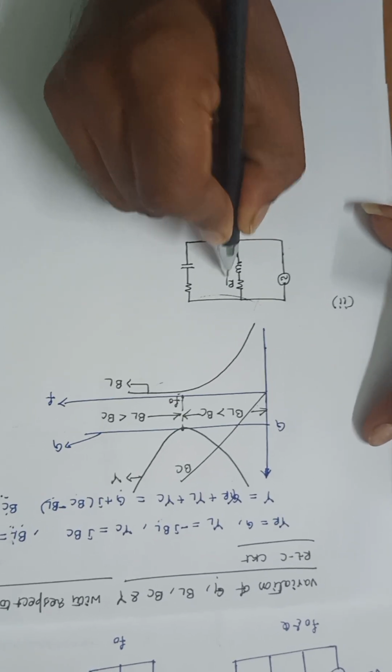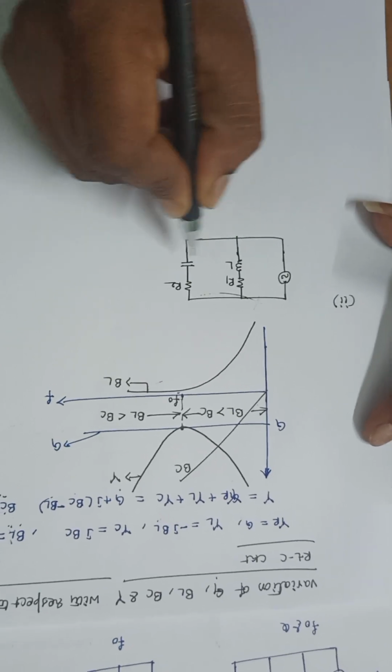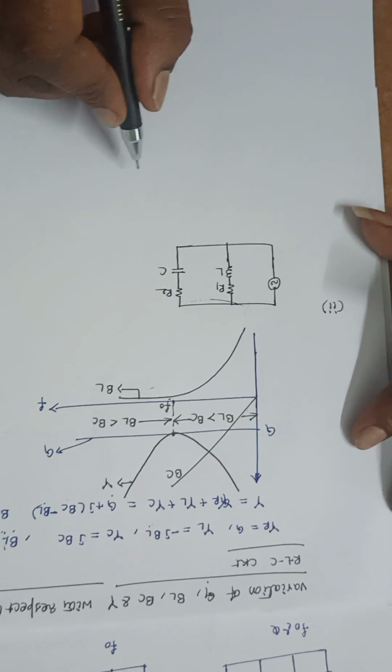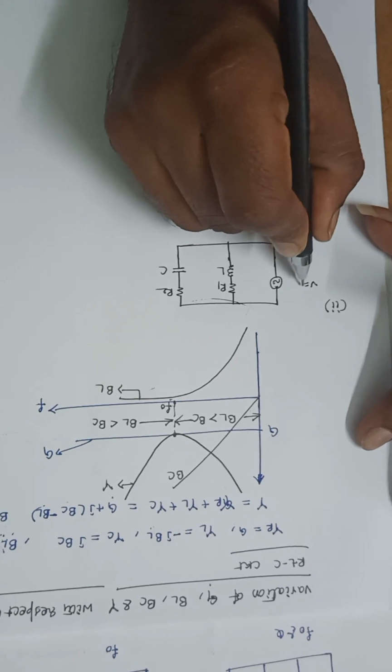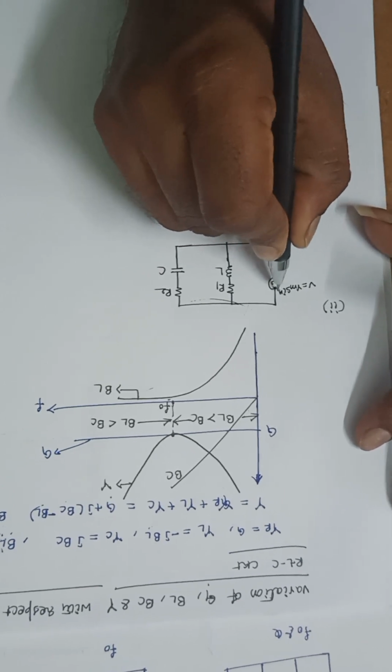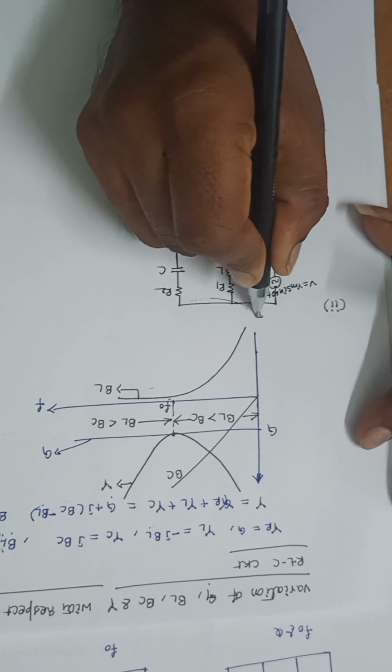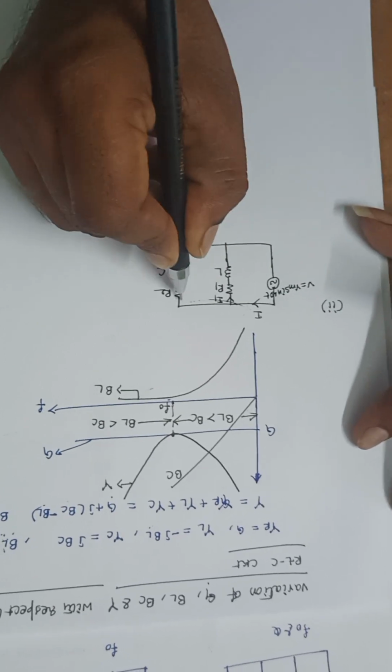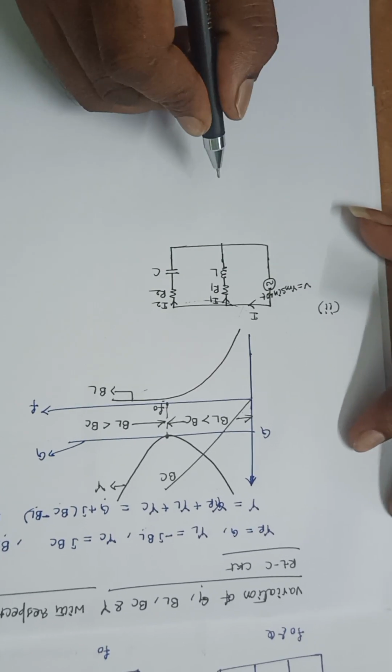It is R1, R2, L and C, and V is equal to Vm sin omega t. This is current I, this current is I1, this current is I2.